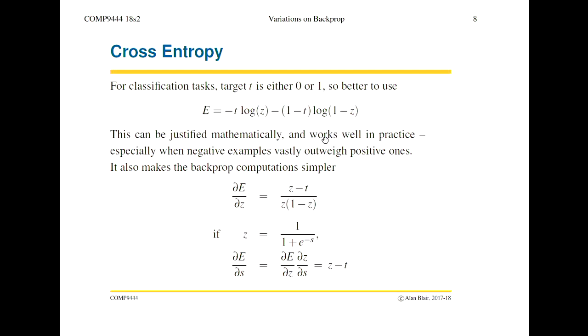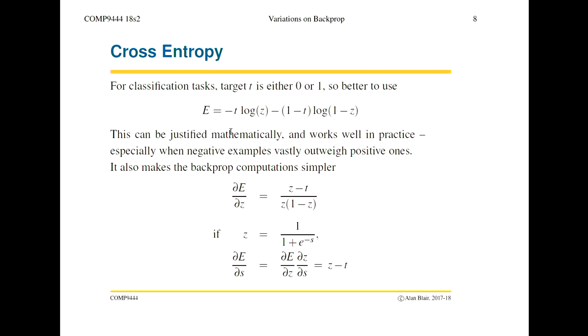Well, if t is the target output, so if t is equal to 1, this term disappears and we're just getting minus log of z. So that function I just drew for you is actually minus log of z.